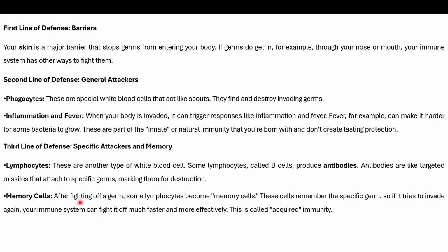Then there are memory cells. After fighting off a germ, some lymphocytes become memory cells, and these cells remember the specific germ. So if it tries to invade again, our immune system can fight it off in a much faster and more effective way. The formation of memory cells and the subsequent defense by these cells is called acquired immunity.